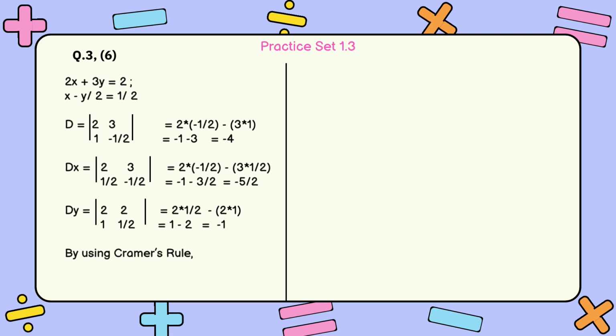Now by using Cramer's rule, x is equal to Dx upon D, which is minus 5 upon 2 upon minus 4, which would be minus 5 upon minus 8. And since both of the values are negative, we can cancel out the negative signs. So the value for x is 5 upon 8.